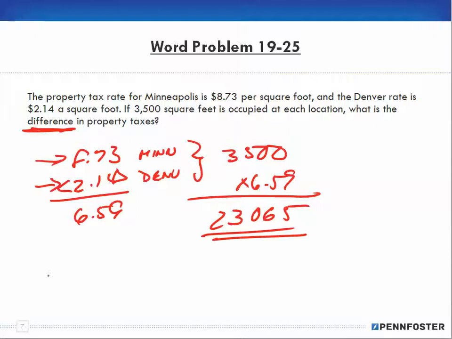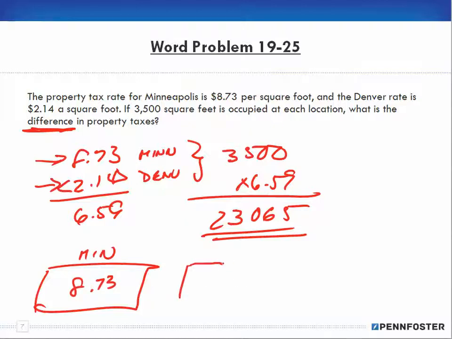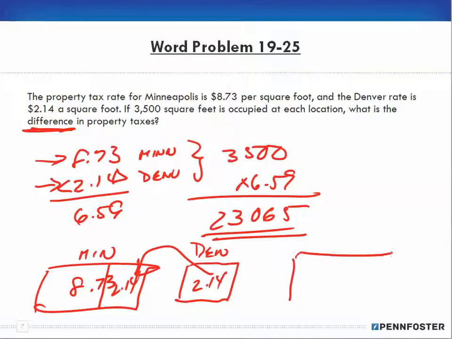Think of it like this. Here's Minneapolis, and this is 8.73. Now you draw Denver, and Denver is going to be smaller, and this is 2.14. Instead of a circle, we're using a square.